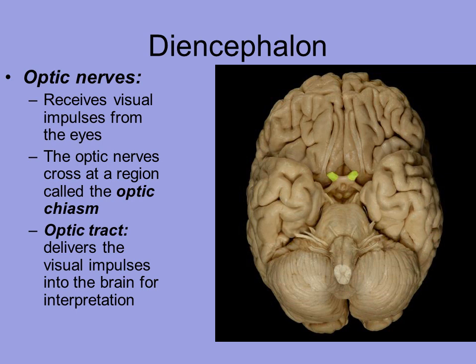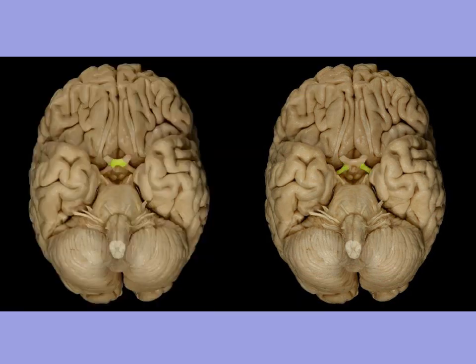The optic nerves are receiving the impulses from the eyes, and the optic nerve is going to cross over in an area that's called the optic chiasm. And then the optic tract sends that information once again then to the appropriate region of the brain.